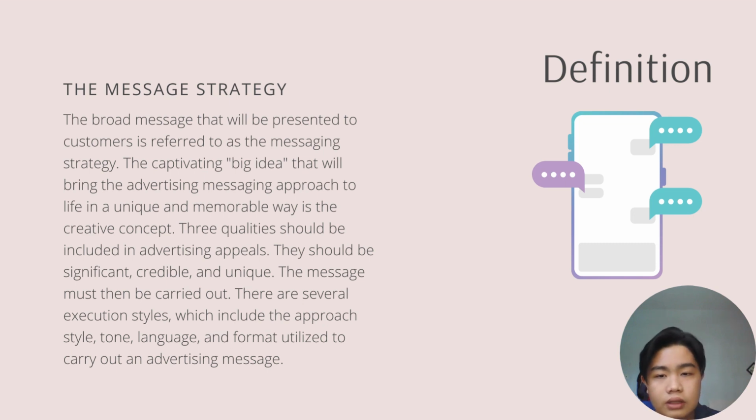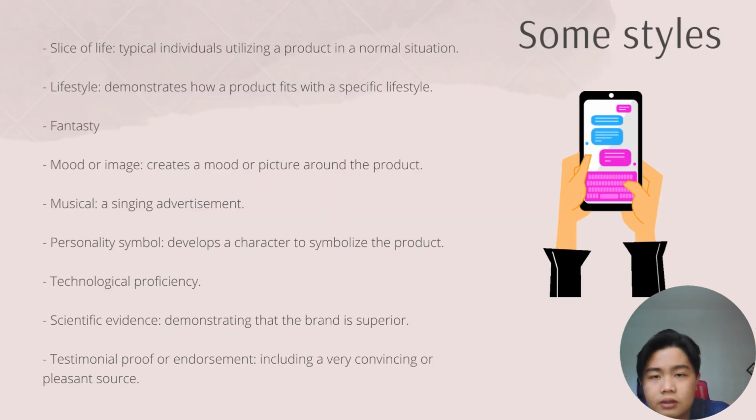The message must then be carried out. There are several execution styles, which include approach, style, tone, language, and format utilized to carry out an advertising message. And there are several styles. First of all, is slice of life, typically individuals using a product in a normal situation.